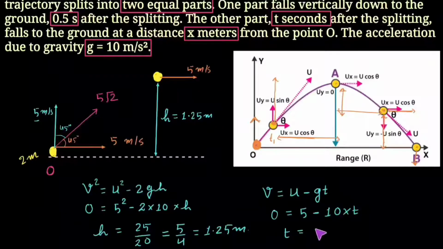So the value of t comes out to be 5 by 10, or 0.5 seconds. So this projectile has taken 0.5 seconds to reach its maximum peak. Let's say the value is t1, and its value is 0.5 seconds.